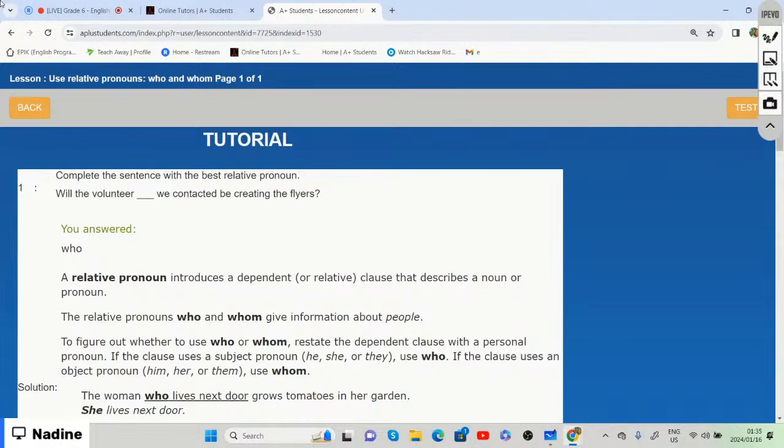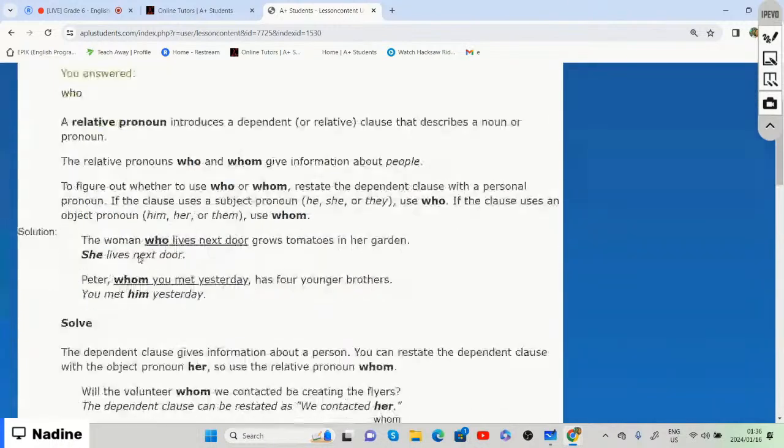So we see the relative pronoun introduces a dependent clause that describes a noun or a pronoun. And a relative pronoun, which is who and whom, gives information about people. To figure out whether to use who or whom, we need to restate the dependent clause with a personal pronoun.